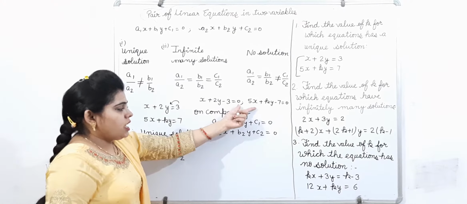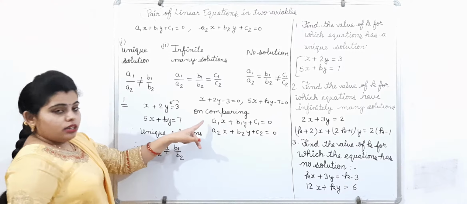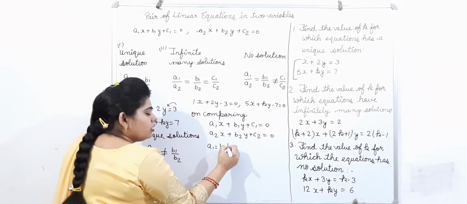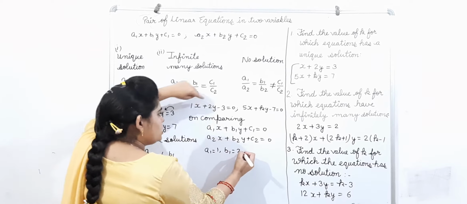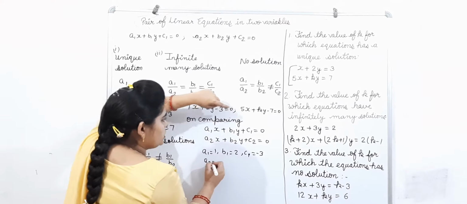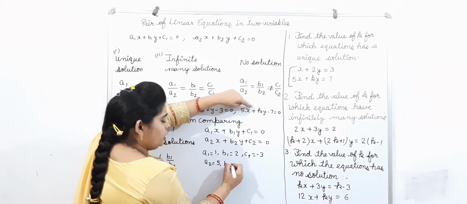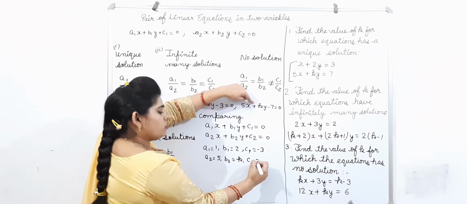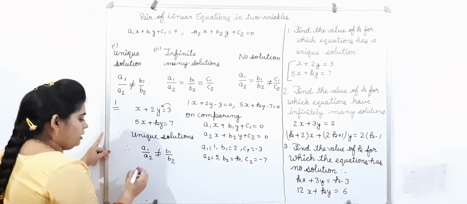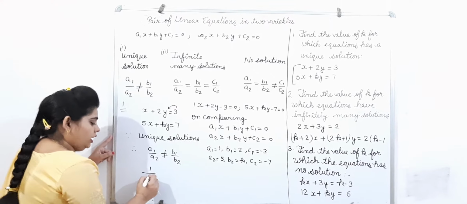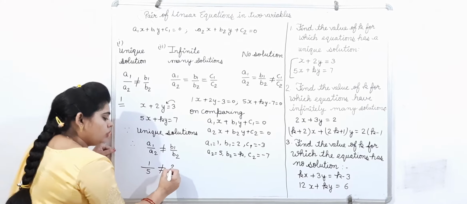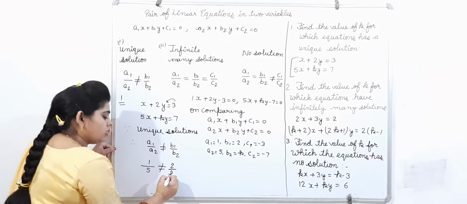Now these equations are in the standard form. On comparison, a1 is equal to 1, b1 is equal to 2, c1 is equal to minus 3, a2 is equal to 5, b2 is equal to k, c2 is equal to minus 7. Now we put in the values: a1 is 1, a2 is 5, not equal to, b1 is 2, b2 is k.